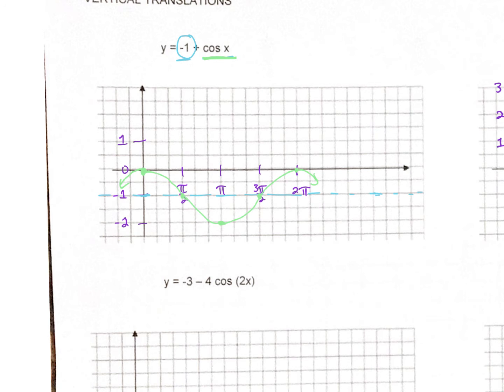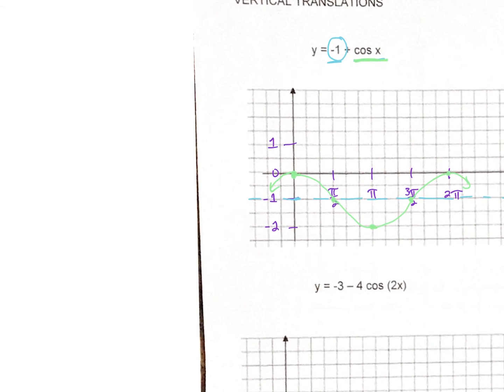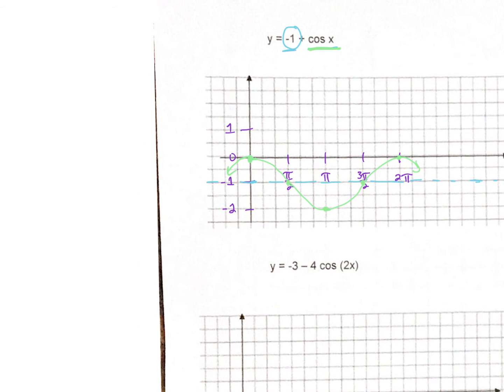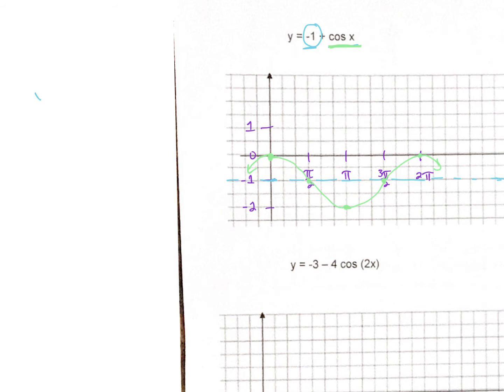A more mathematical way of thinking about it, for those of you who prefer that: think about what your y values are at each of the x values. We have our x values of 0, pi over 2, pi, 3 pi over 2, and 2 pi. And from that, we have our corresponding y values, which for a cosine are 1, 0, -1, 0, 1.